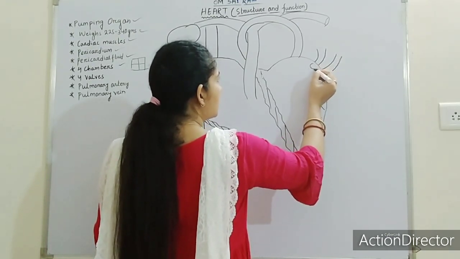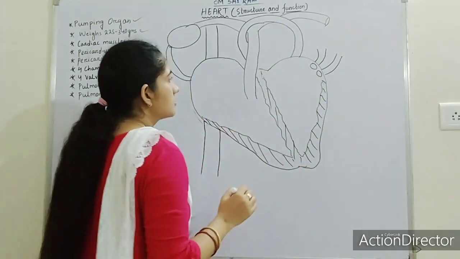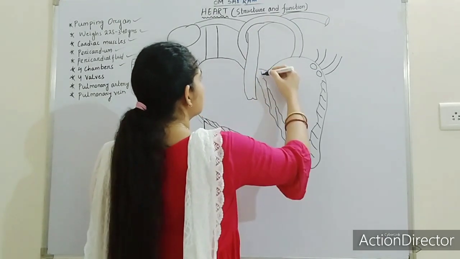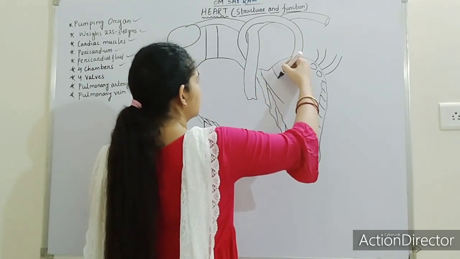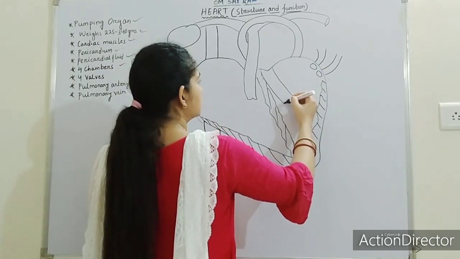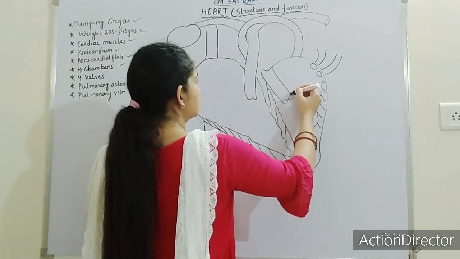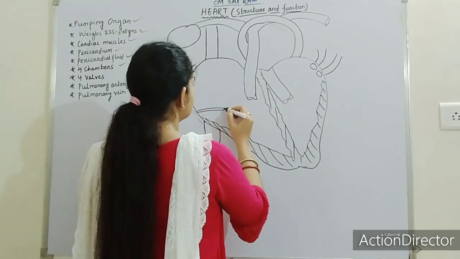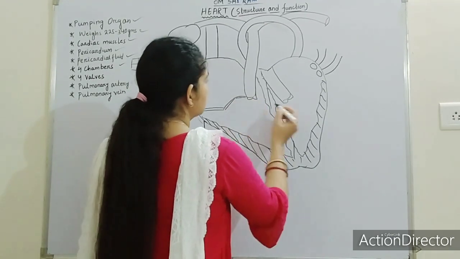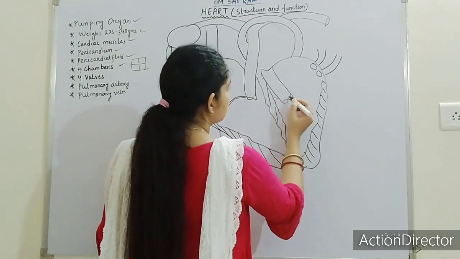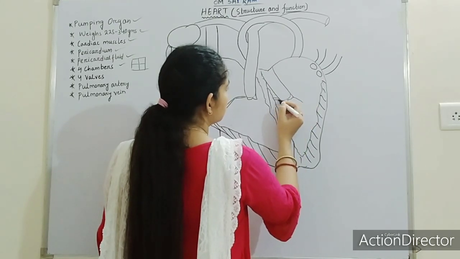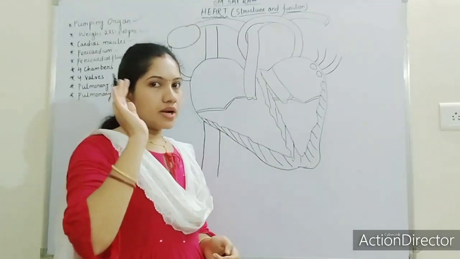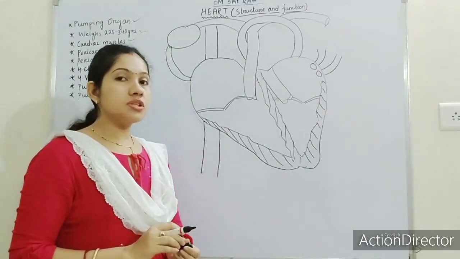At first you draw the outlines, then we can label it. So this is the outline I have done to show you the different structures of the heart.